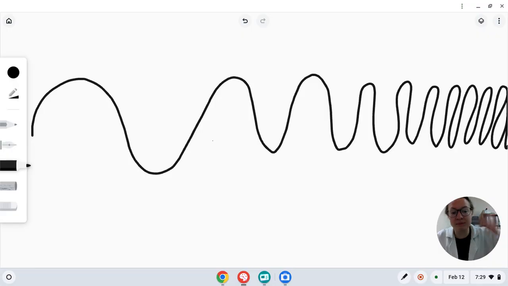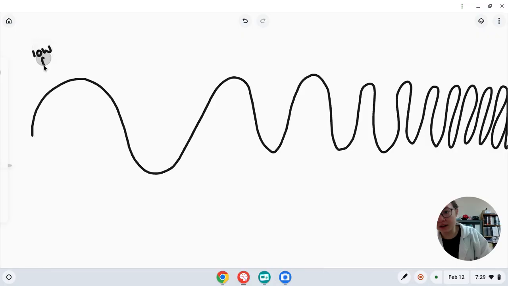Now over here, what I've drawn is a representative drawing of the electromagnetic spectrum, all the different frequencies that can be considered light, from the lowest frequencies over here to the highest frequencies over here. Over here, we have really low frequencies and really large wavelengths.